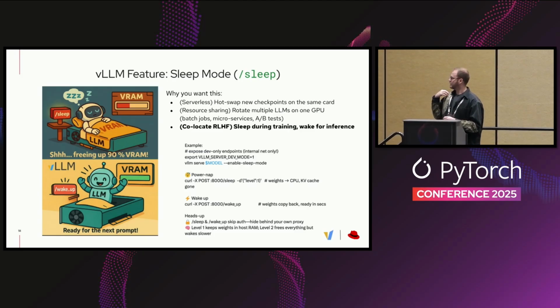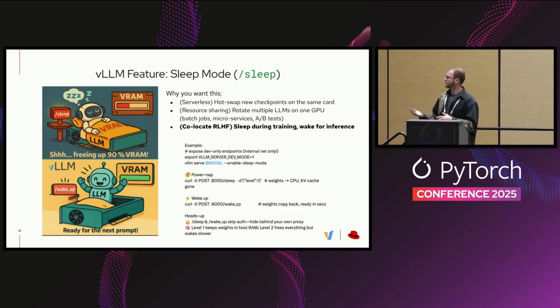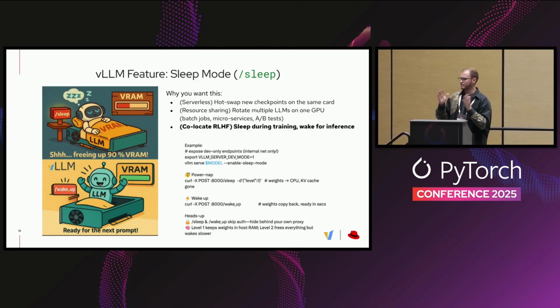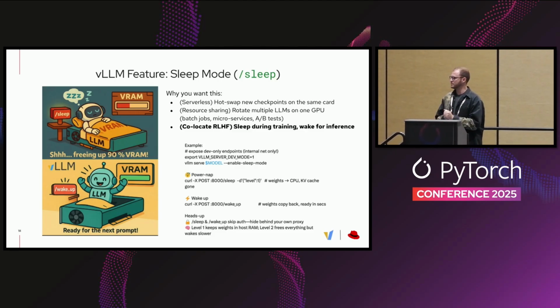But for RLHF, this is what we call co-location, where we only need one set of GPUs now. If we use vLLM as the inference server on our pod or node of GPUs, we do the inference with that, then we put vLLM to sleep. We load up the trainer and do the forward pass on the same GPUs, and then we put the trainer to sleep somehow.